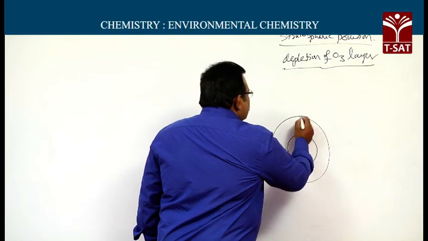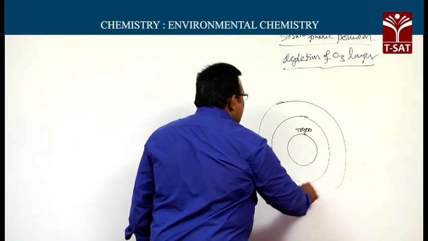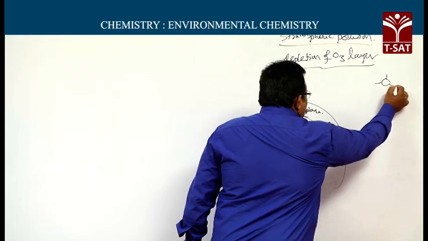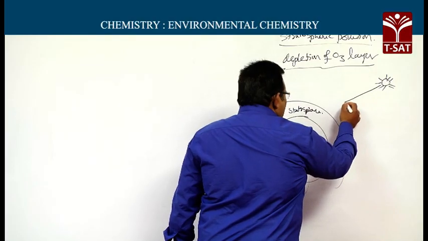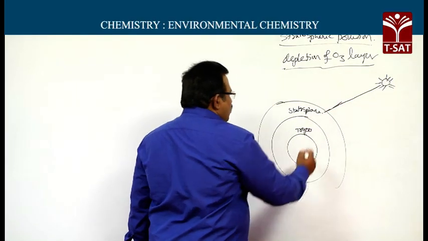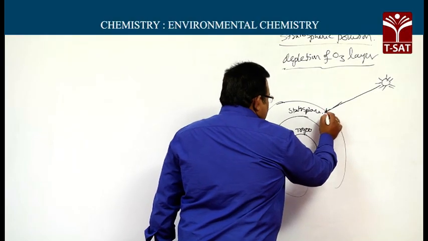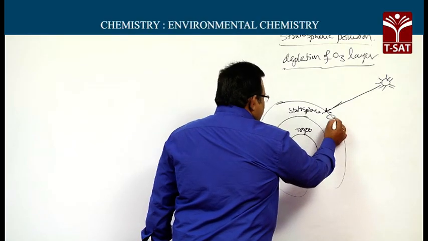This is the troposphere and this is the stratosphere. The UV rays coming from the sun are stopped by the ozone layer.